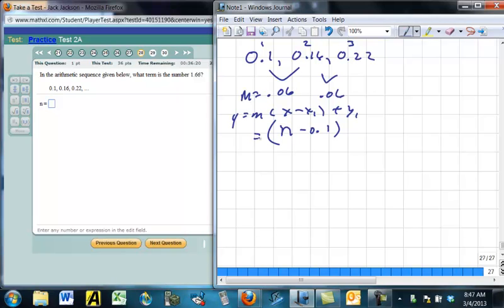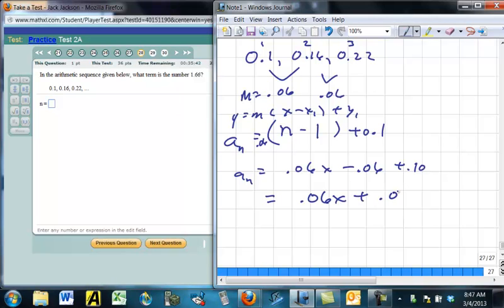Instead of y, we're going to call it a sub n. Instead of x, we call it n. Our x1 is just 1. Our y1 is 0.1. There we go. And the slope is 0.06. So we can leave it like that or distribute. I'm going to go ahead and just distribute: 0.06n minus 0.06 plus 0.1. Okay, 0.10. So this is 0.06n plus 0.04.